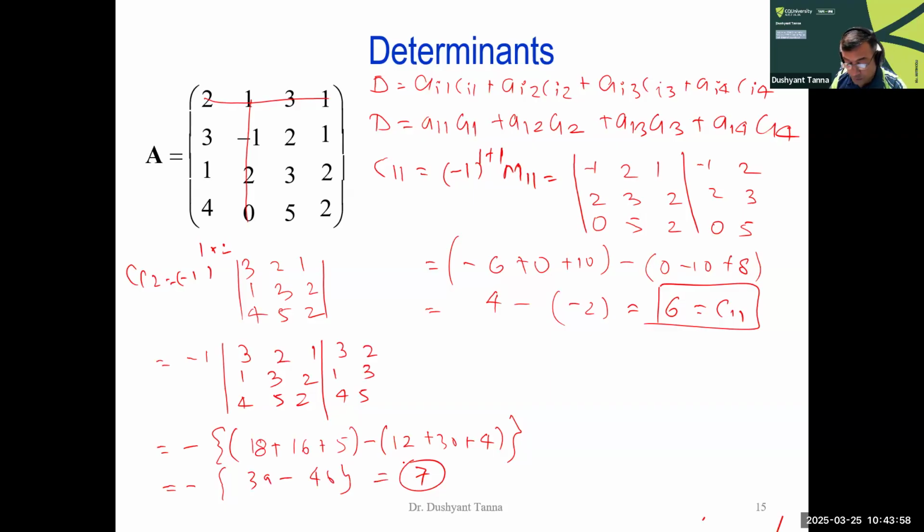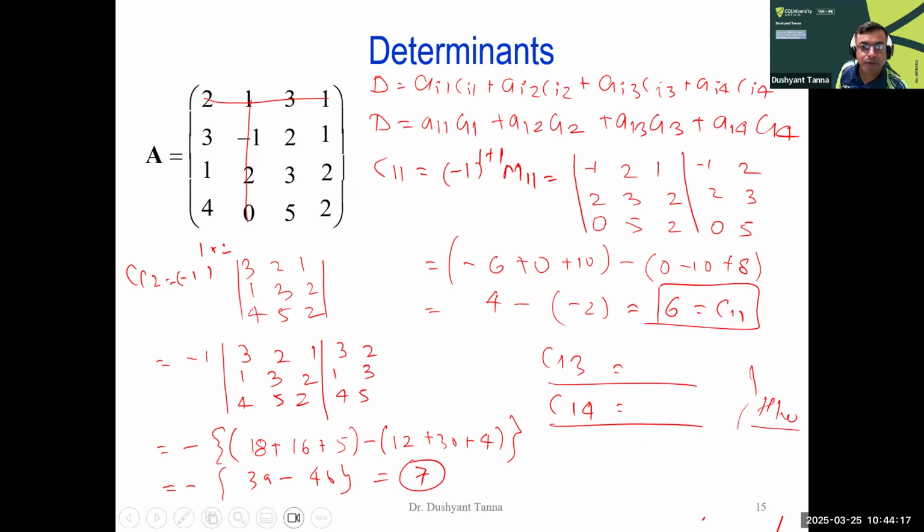Then you go for the next, C13, and then C14. That I'll leave to you. Just practice that. I'll post the recording here and I want you to practice it.